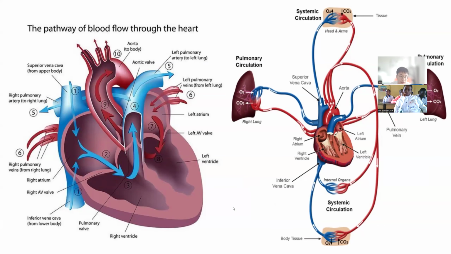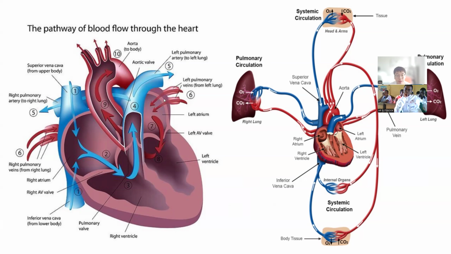We have talked about the blood flowing from the right atrium to the right ventricle to the pulmonary artery as it goes to the lungs, where it gets oxygenated and returns through the pulmonary veins.